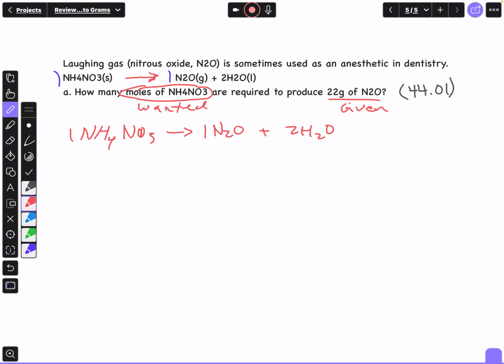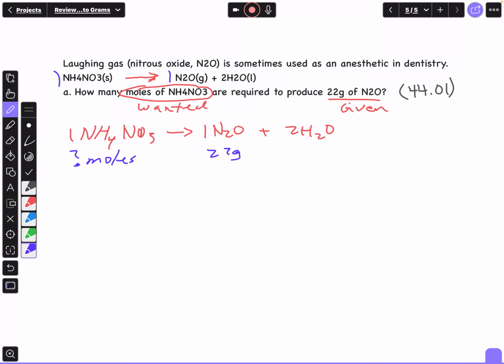This is how this equation happens on the simplest level of whole number ratios reduced down. But what it's telling me is I have 22 grams of this stuff. And I want to know how many moles of this can be produced.